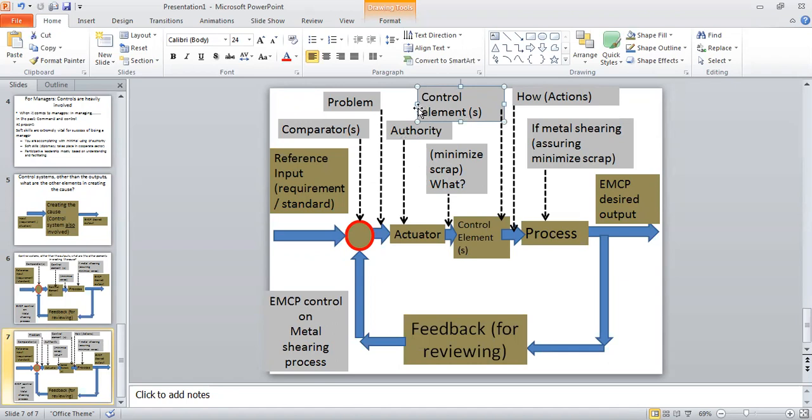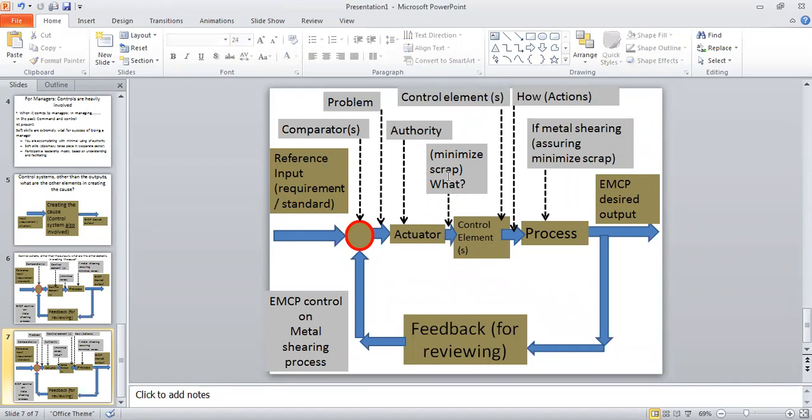Now, see, the signal comes out from the authority: what should be done. Then from the control, actions on the process. So here it's being done and this output is assured. I think this is okay.